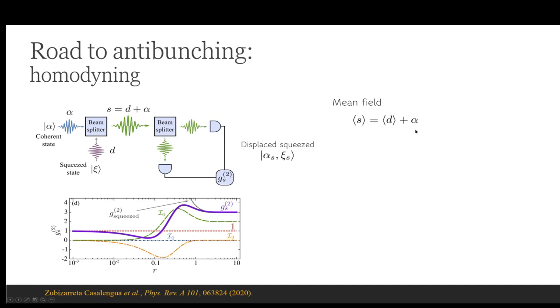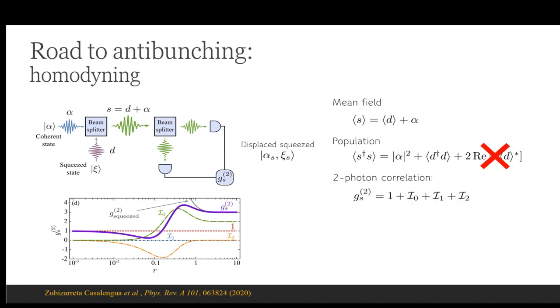The total amplitude is just the sum of the amplitudes. Then the population or the intensity is the sum of the intensities plus another term that comes from the interference of the mean fields. But in this case, the squeezed state has no contribution in the mean field, so we just have a 0 there, which is innovative and has no classical counterpart.